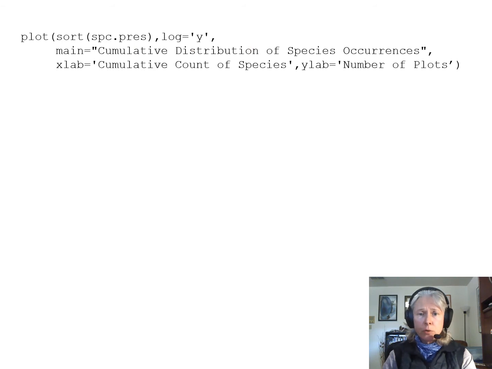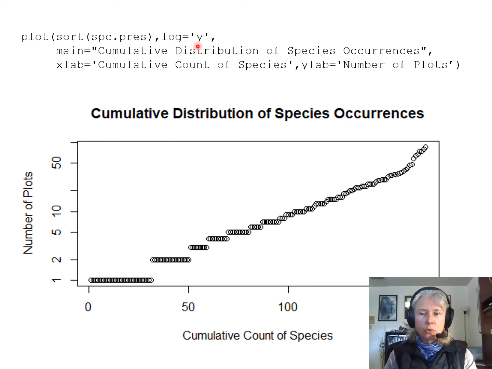Our objective in doing this transformation is to try to clarify patterns, which is easier if you've got a linear kind of graph as opposed to a curvilinear graph that we had before. And so this command here, the log function is applied to the y-axis here, and it results in this graph. And so you can see how this log transformation linearizes the data.